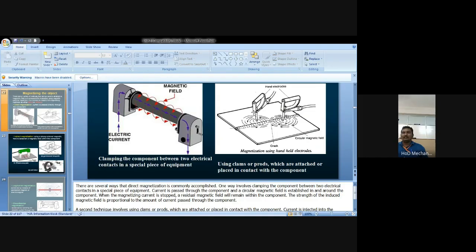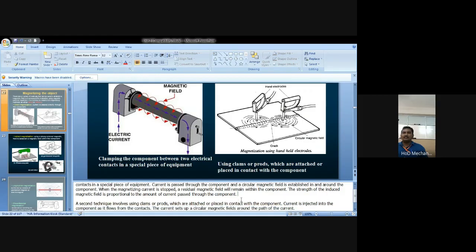The strength of the induced magnetic field is proportional to the amount of current passed through the testing component. That is one of the techniques for making a magnetic field in the testing specimen.